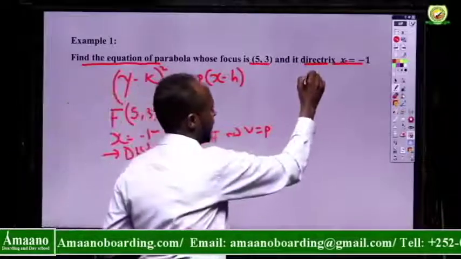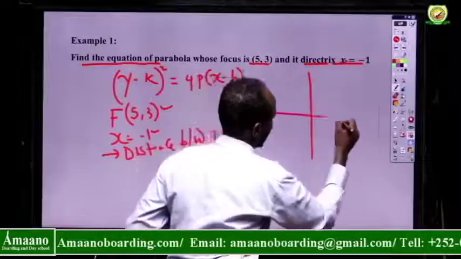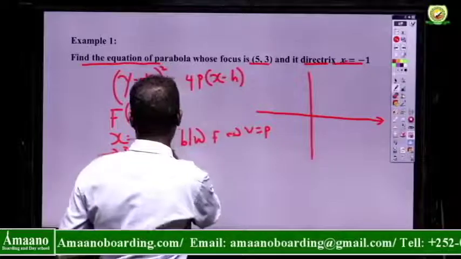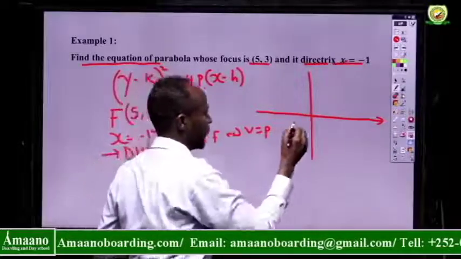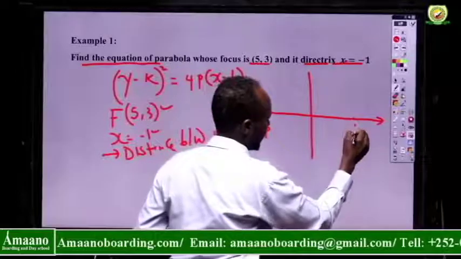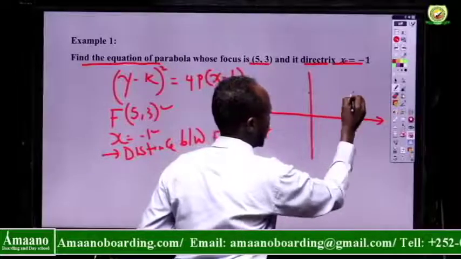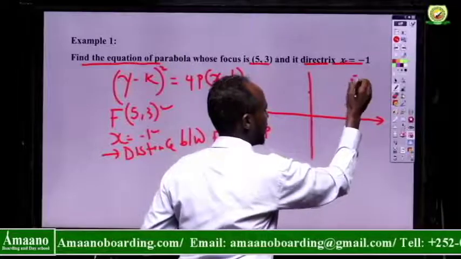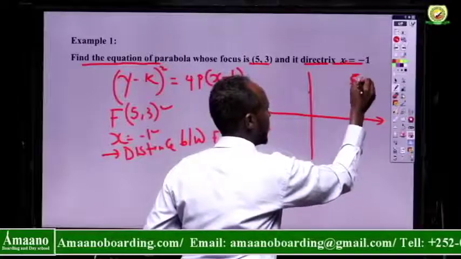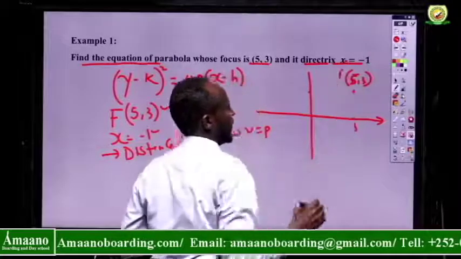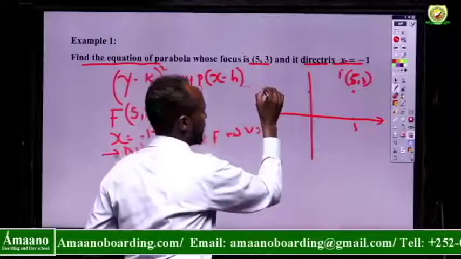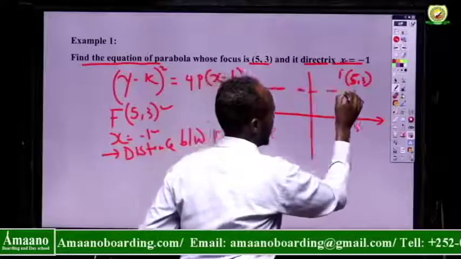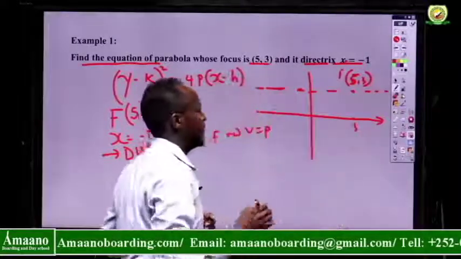Look, this one. This is our parabola. We are given the focus as 5, 3. If here is 5, let us move up somewhere here. It is 3. That is 5, 3, the focus. Therefore, it has a horizontal axis of symmetry.